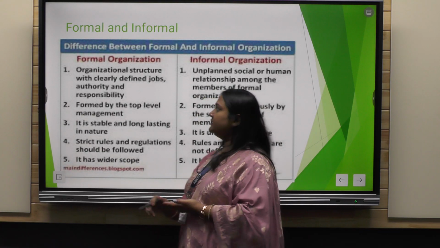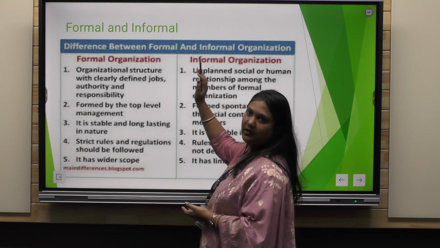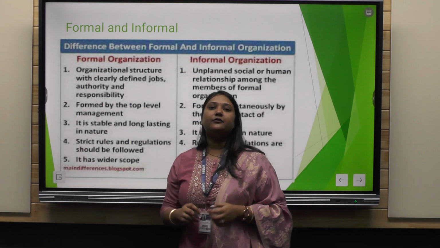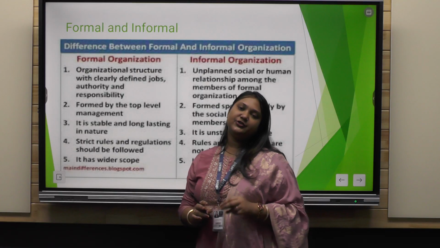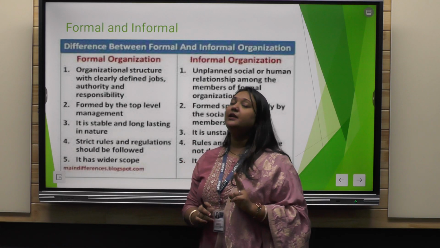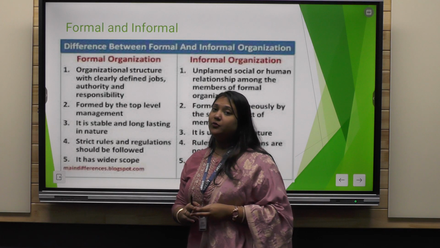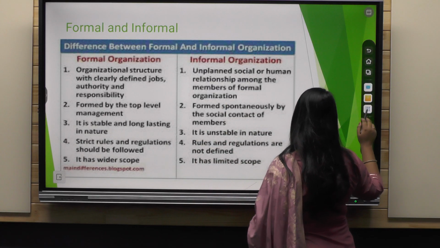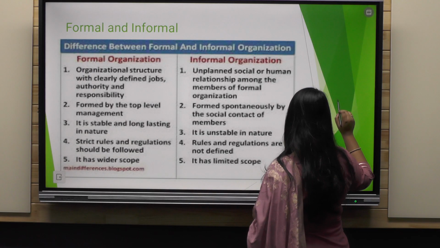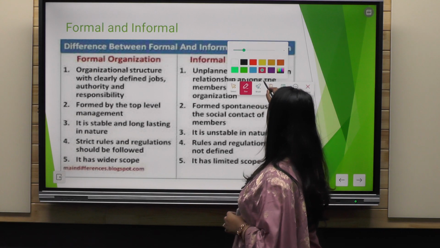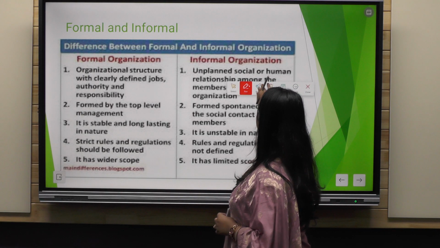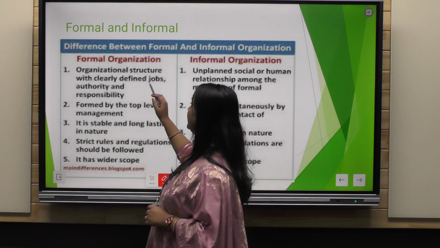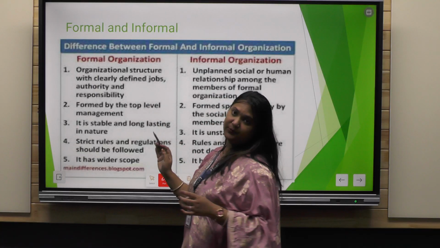The last topic is formal and informal. We know that when we are making an organization, there are two types, formal and informal organization. When we talk about the formal organization, it is a structure with clearly defined jobs, authority and responsibility.